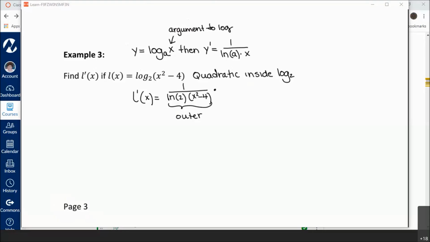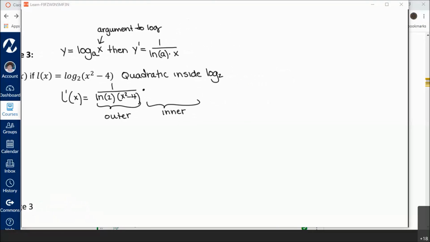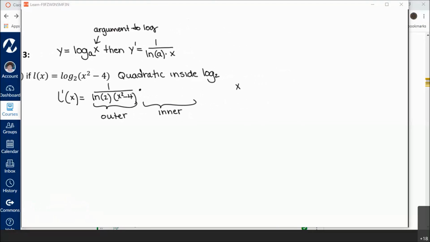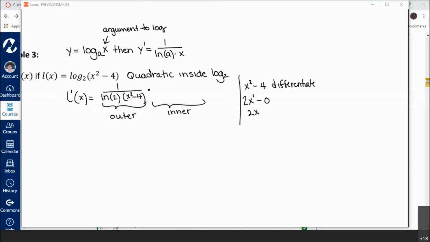And that gets multiplied by the derivative of the inner function, which is my quadratic. Okay, so if I have x squared minus 4 and I want to differentiate, okay, I'm going to bring down the 2, drop the exponent by 1, and the constant gives me a 0 in my derivative. So this is 2x.